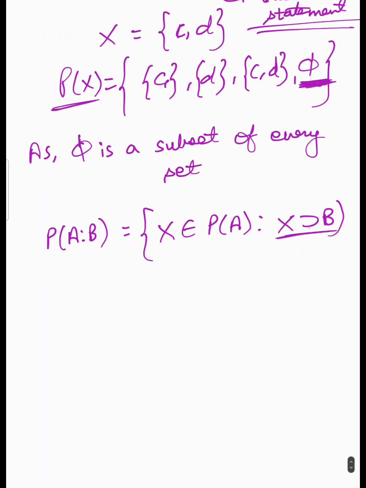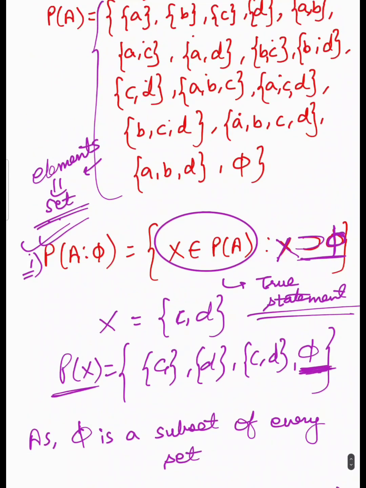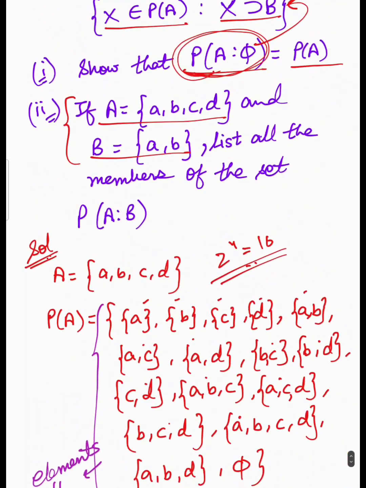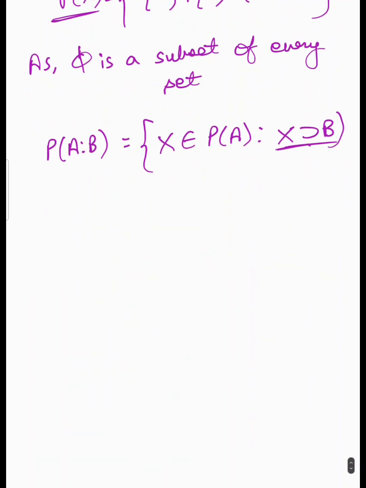So what is B here? B in part 2 of the question is A and B. So set B is A and B. So what will be the power set of B? What will be the power set of B?